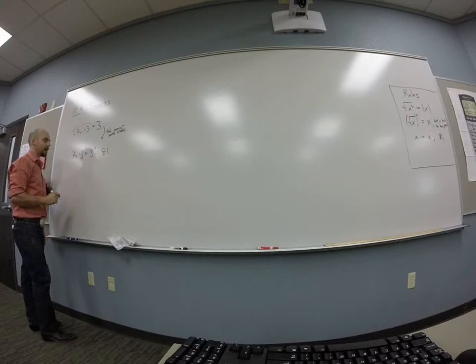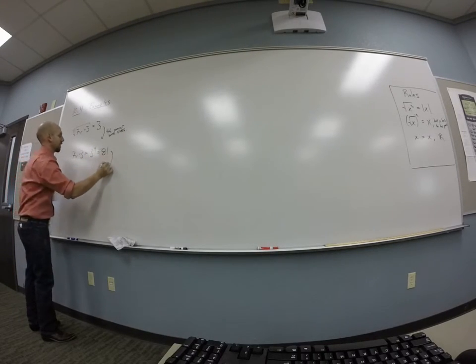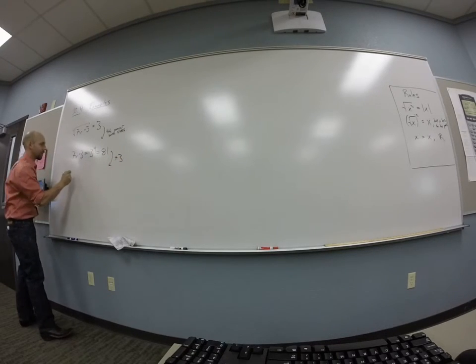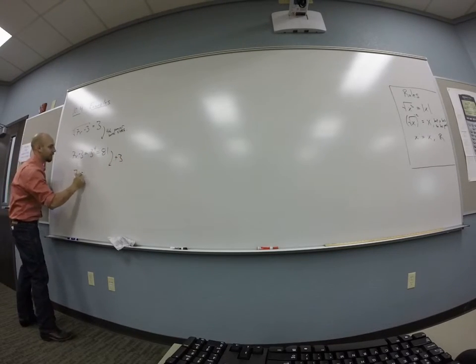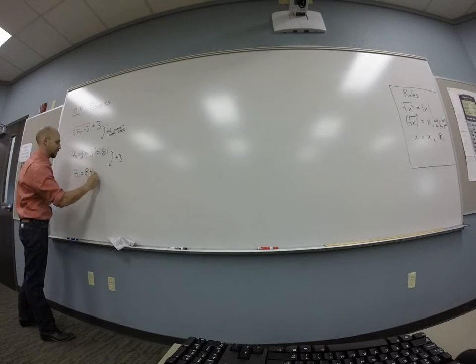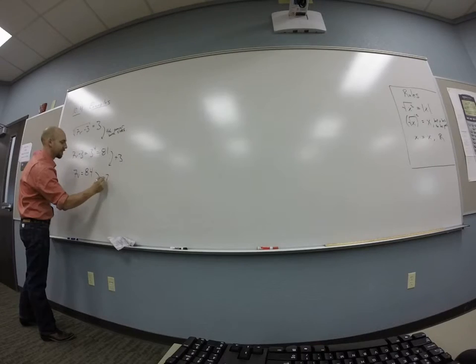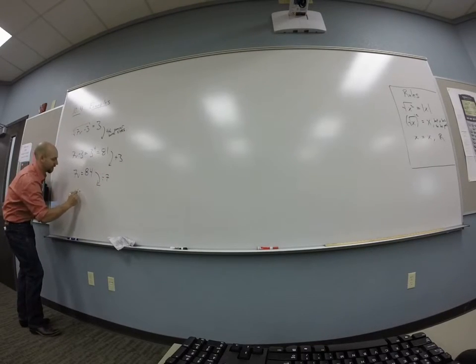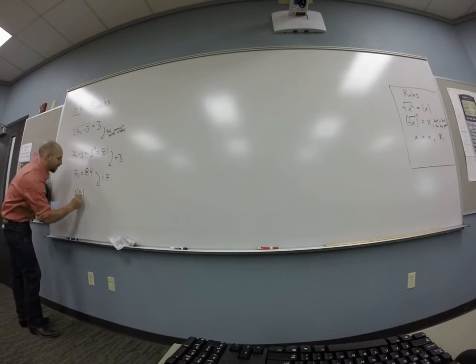Okay, so then I add 3. So I get 7v is 84. Divide by 7, I get v is 12.